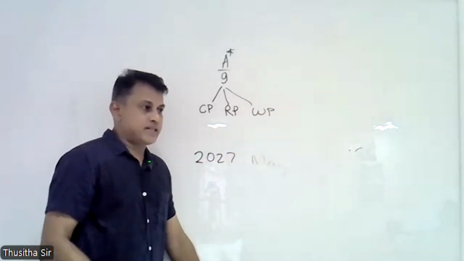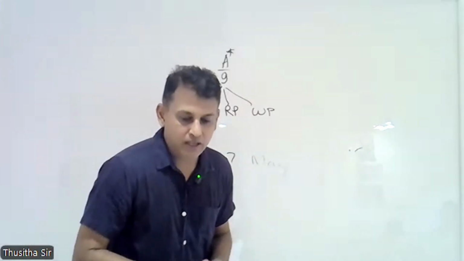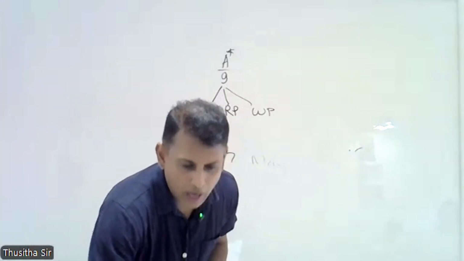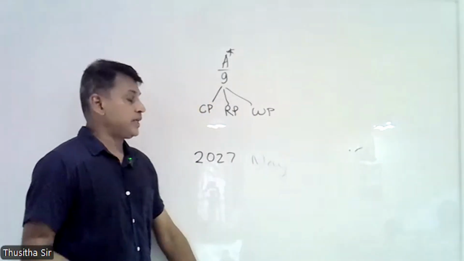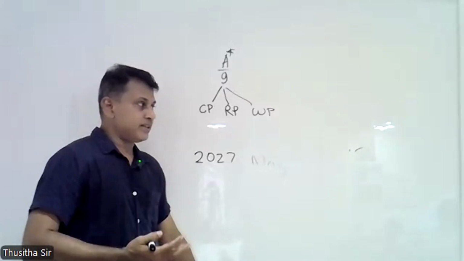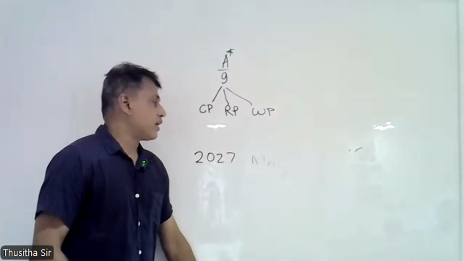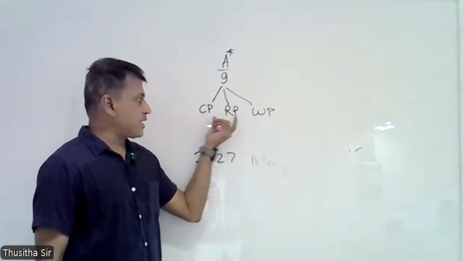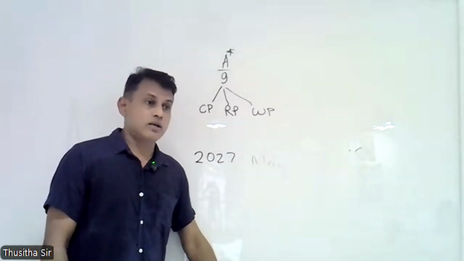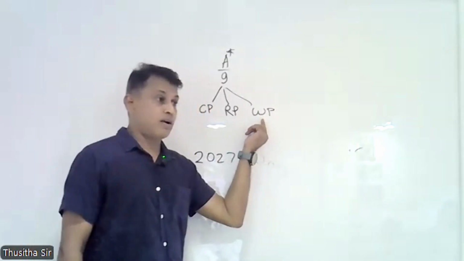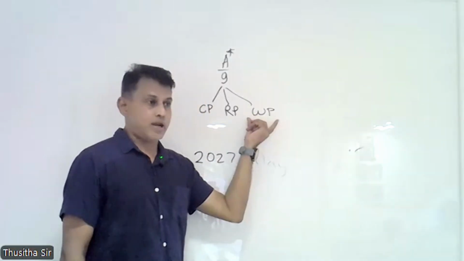So Edexcel Pearson will appreciate the student by offering a certificate and prizes in these categories: country prize, regional prize, and world prize. The student who got the highest mark in the world gets a world prize.